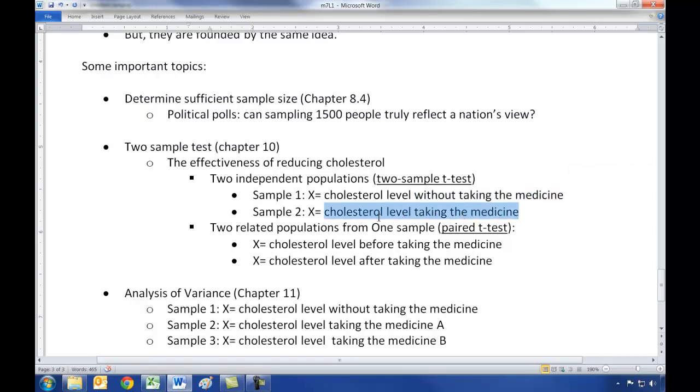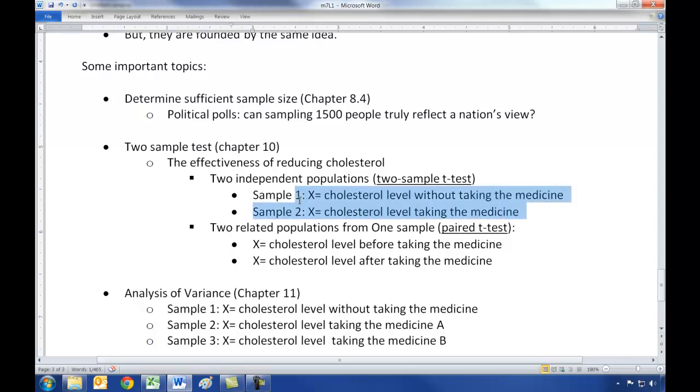For another sample, we measure the cholesterol levels of people who have taken the medicine. So essentially we have two variables, called two independent populations because the same person does not appear in both samples.